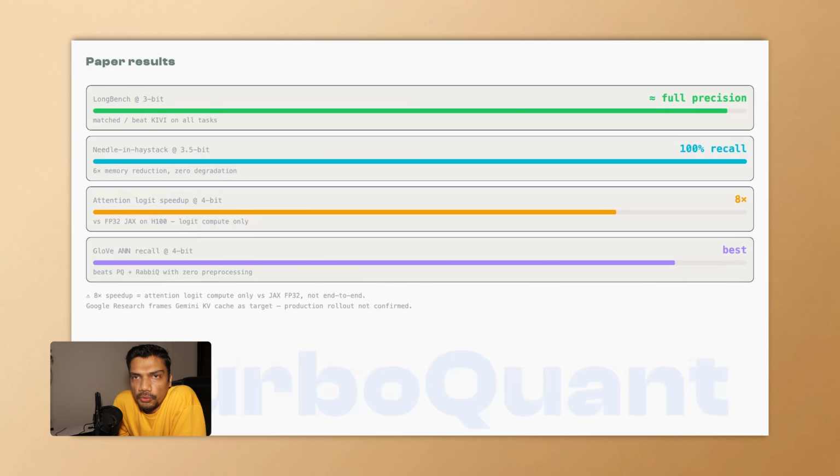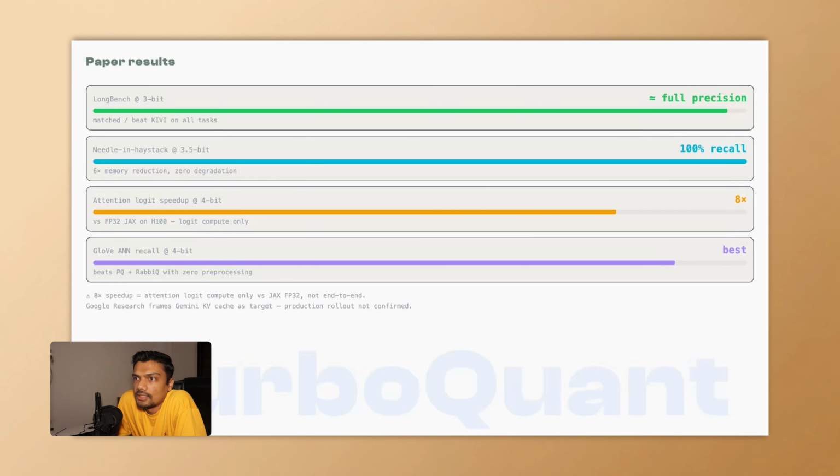The 8 times GPU speedup requires custom CUDA kernels, packing quantized indices into int4 format and using tensor cores for the integer matrix multiplication. Our PyTorch implementation is pedagogically correct but not production optimized for speed because of hardware limitations. The path to replicating the speedup benchmark is clear engineering work, not a new algorithm.